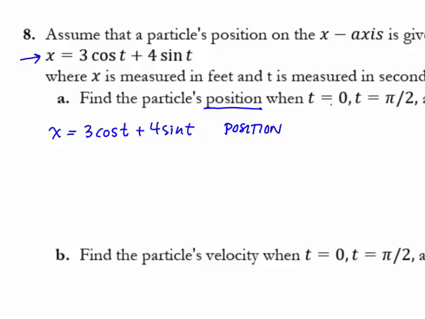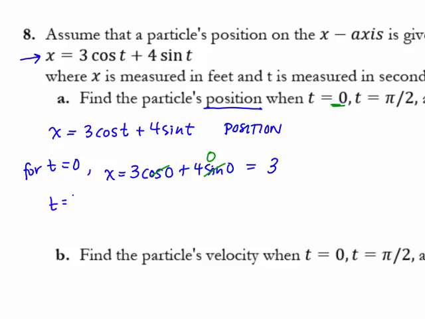When t equals 0, we want to put 0 into that equation. So for t equal to 0, we get that x equals 3 times the cosine of 0 plus 4 times the sine of 0. Cosine of 0 is 1, sine of 0 is 0. So x, the position, is simply 3.